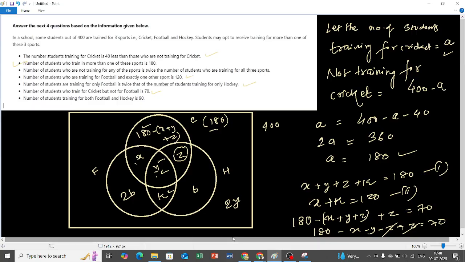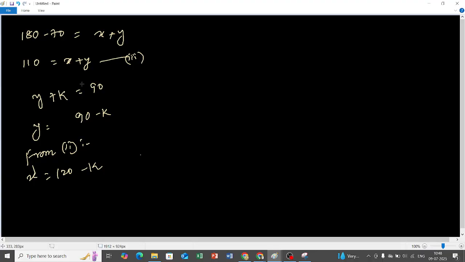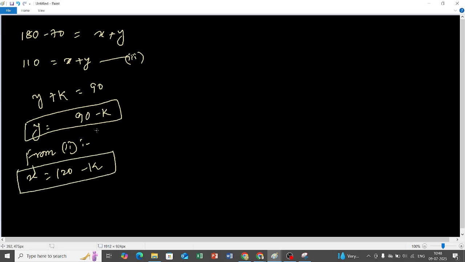So now we have three equations. We have y in terms of k, we have x in terms of k, and we have x plus y as well.